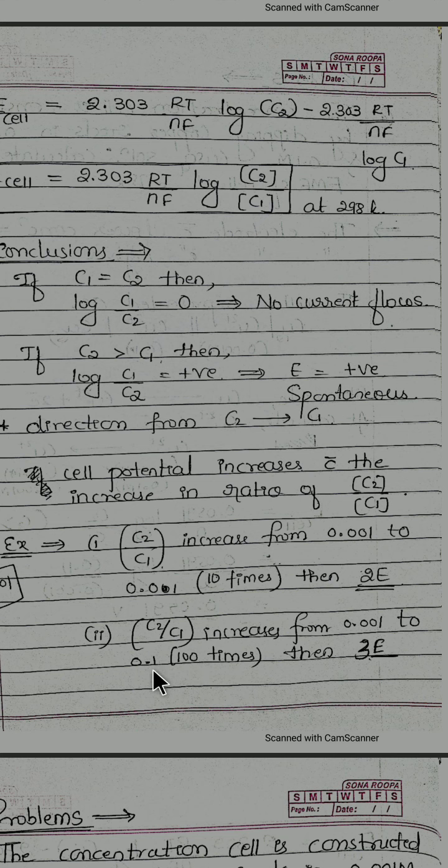If you divide 0.1 by 100, you will get 0.001. So if you increase the concentration from 0.001 to 0.1, that is 100 times, then you can observe a threefold increase in the potential.